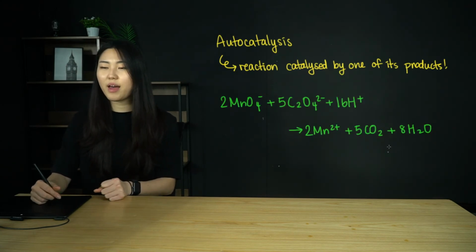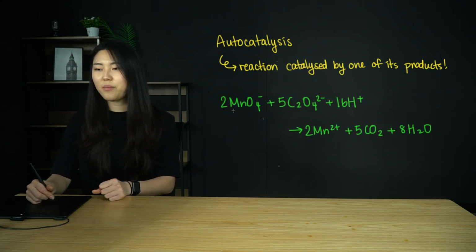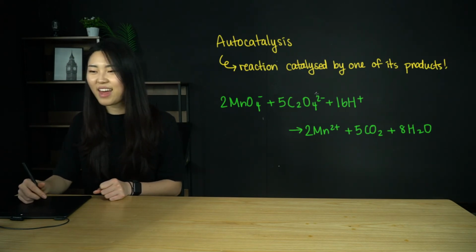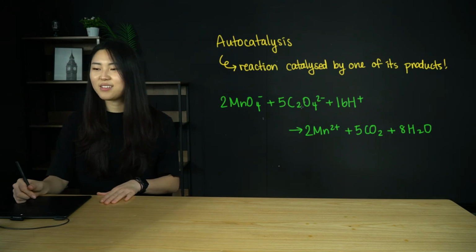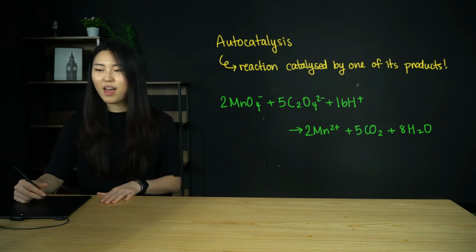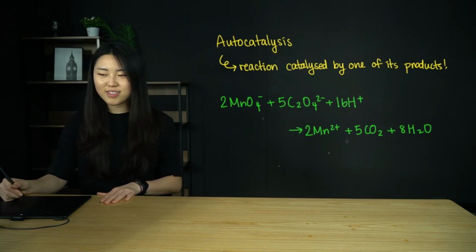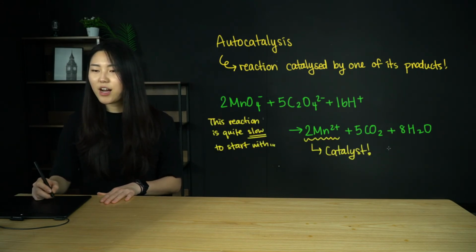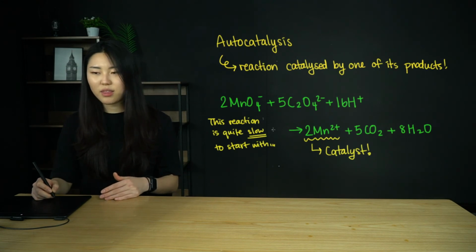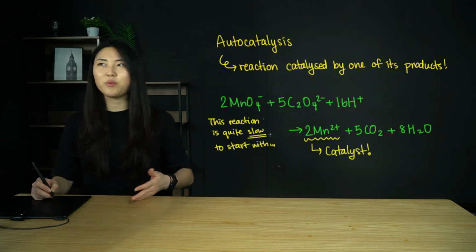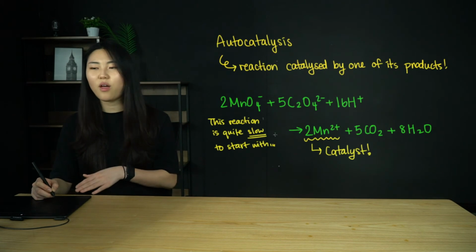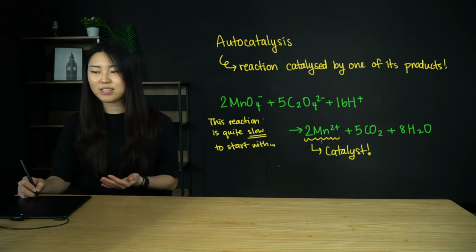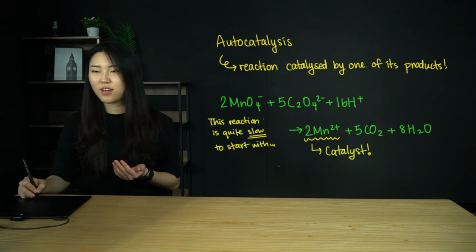In this example, we have the manganate ion and the ethanedioate ion, and we have the H plus, forming Mn2 plus, carbon dioxide and water. So let's look at this equation. The reaction is quite slow to start with at room temperature, and even with a little bit of heat, it's still slow. And the Mn2 plus, the product, is the catalyst for this reaction, okay?